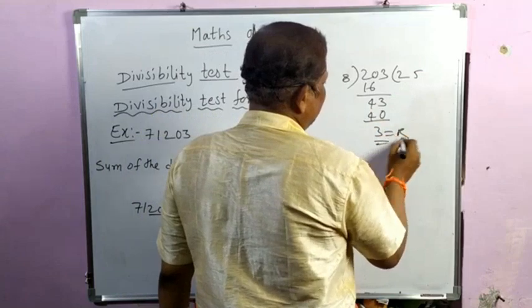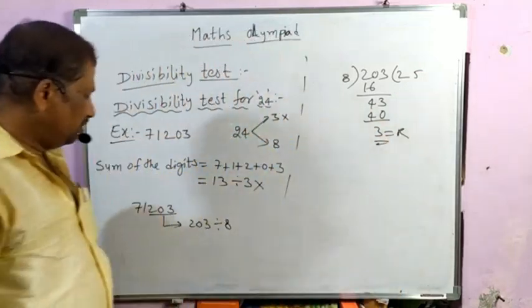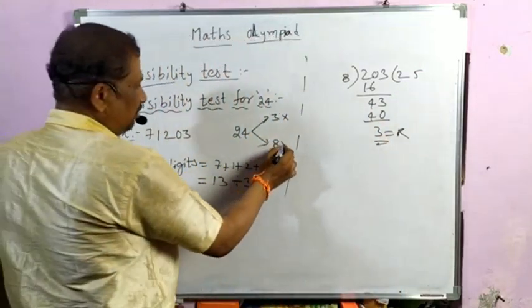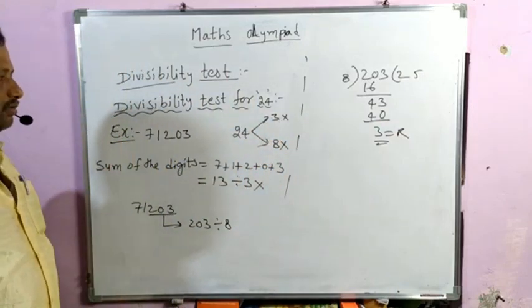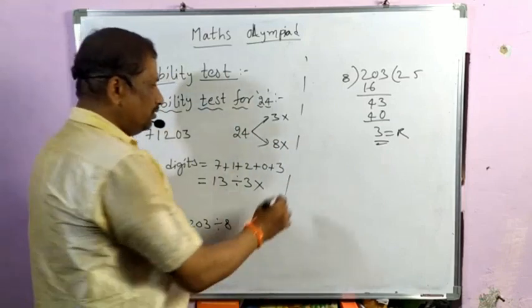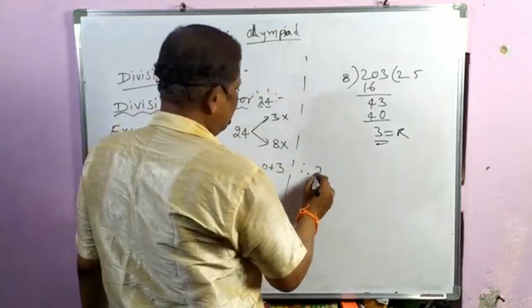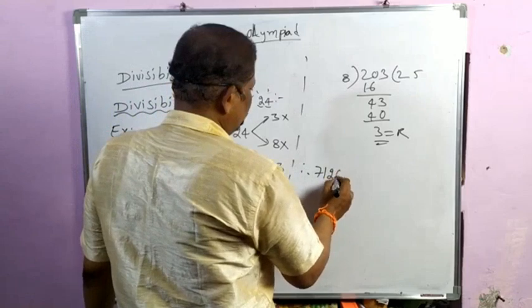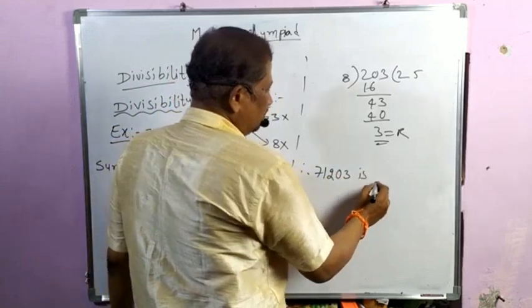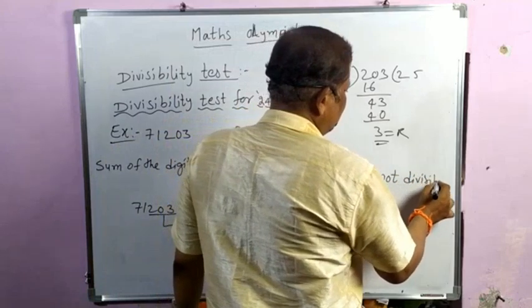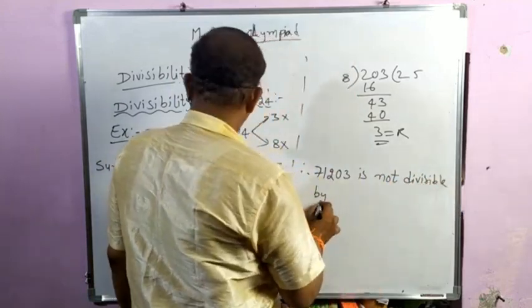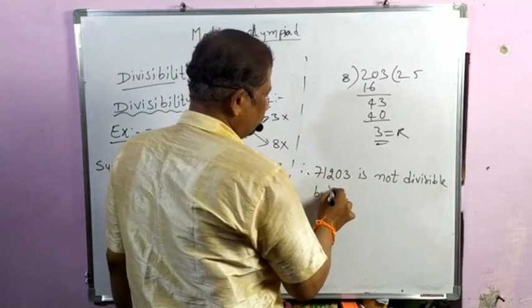So the remainder is 3. So it is not divisible by 8. It is not divisible by 3 and also not divisible by 8. So this number is not divisible by 24. Therefore, 71203 is not divisible by 24.